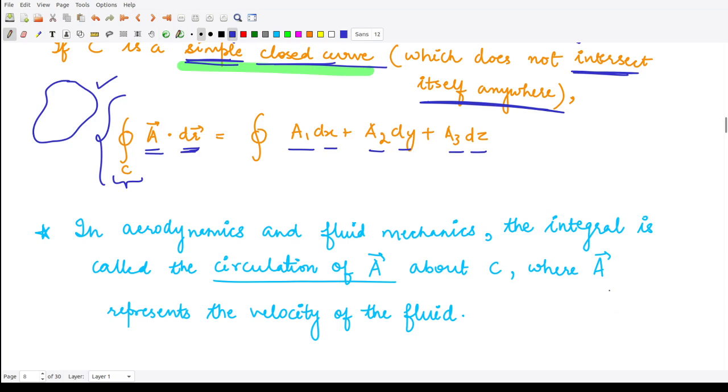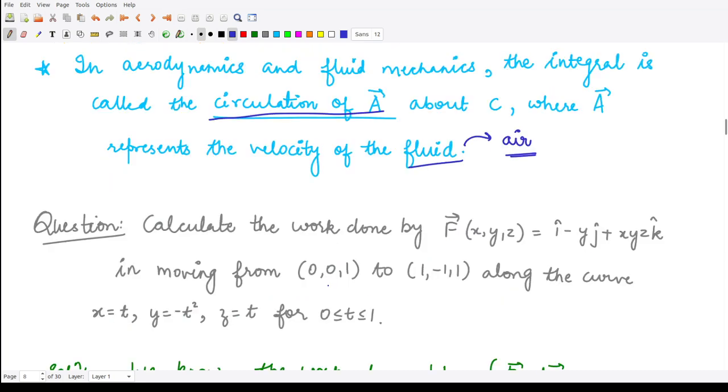In that case, the velocity of the fluid is the velocity of air. This line integral will give you the circulation of vector A, which represents how the fluid moves across that particular aeroplane. So this is the idea.